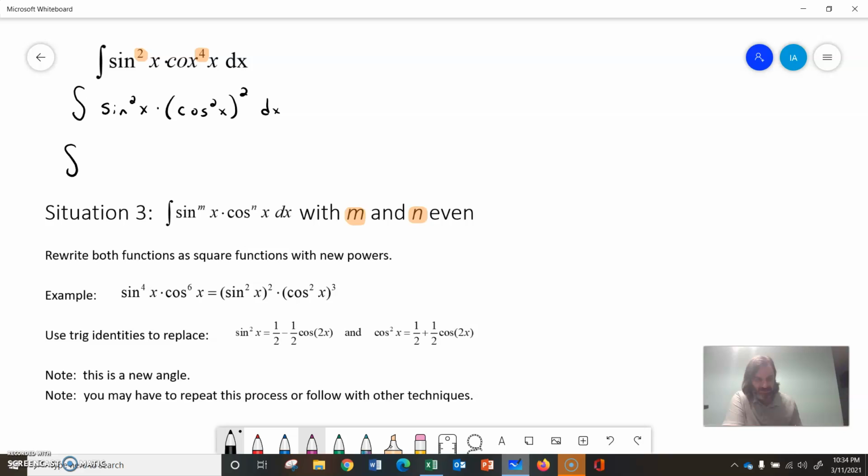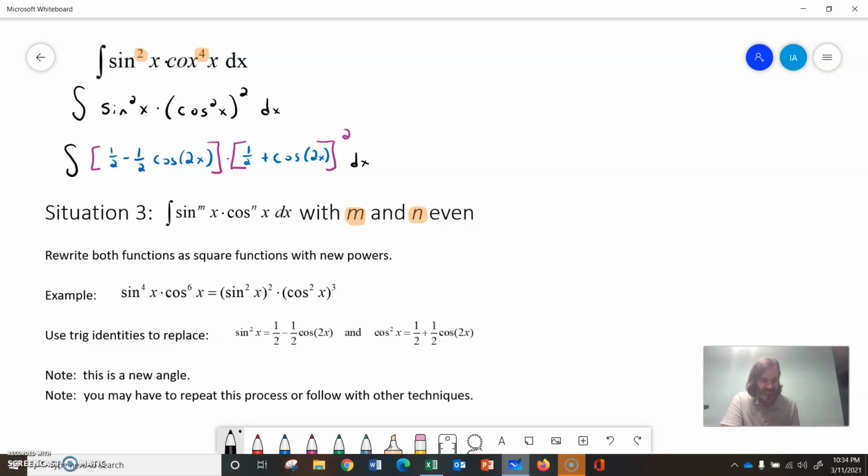We will replace sine squared with 1/2 minus 1/2 cosine of 2x, and we'll replace cosine squared with 1/2 plus 1/2 cosine of 2x, but that quantity is going to be squared.